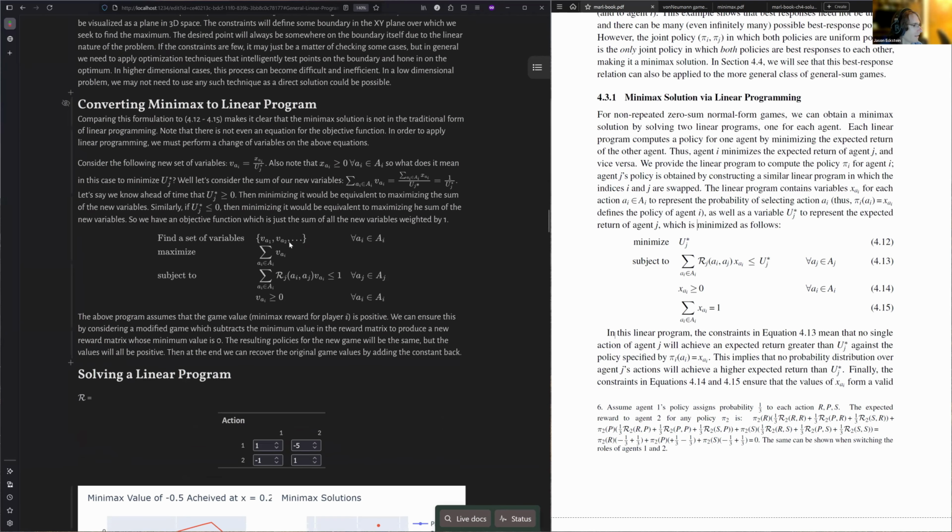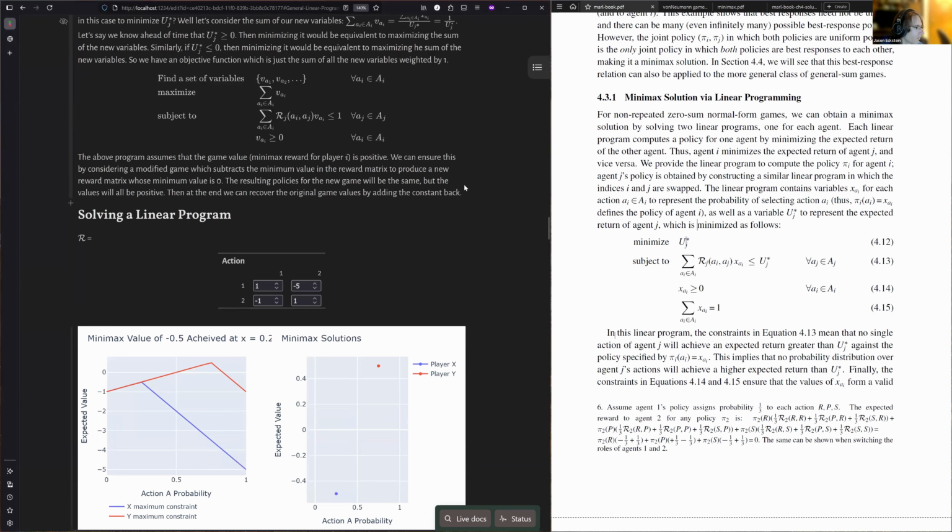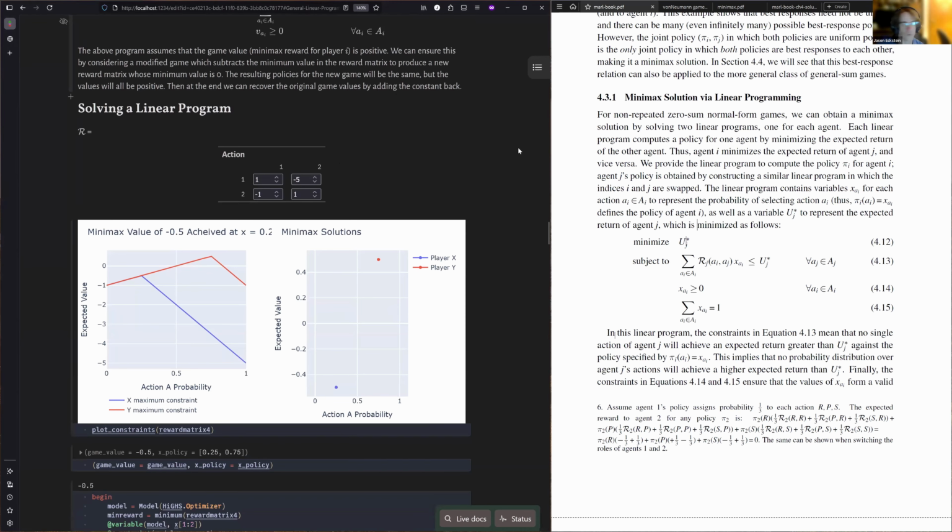So the actual policy won't be different, but we can easily recover the original value for that. So now, if we write it in this form, so first of all, here I'm showing a game with 2 actions, and this is the solution where we solved it analytically. And we have, right, this is the optimal policy for player X, it's 0.75, and then the value for player X is negative 0.5.